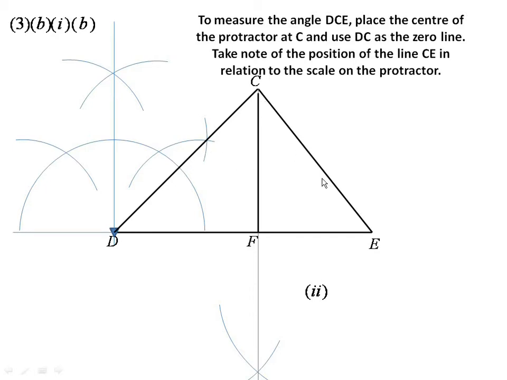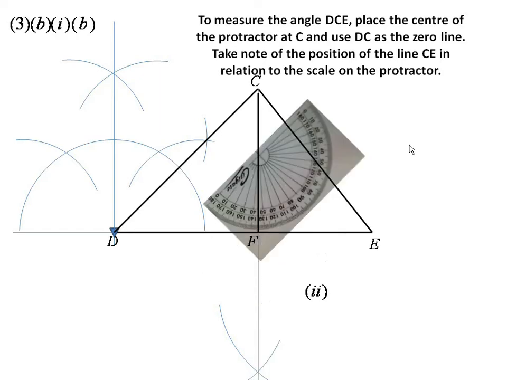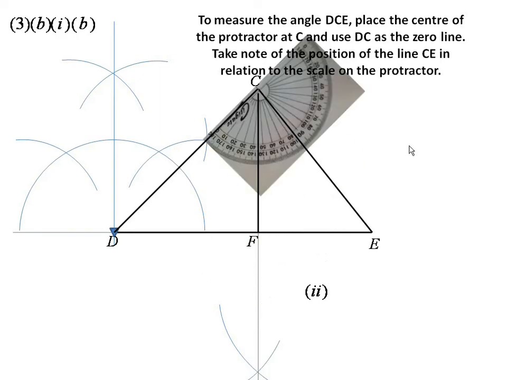This line will be the zero line. We measure the angle in this direction. So any one will do. But in this particular case, we put the center of the protractor at C and use DC as the zero line, like so.